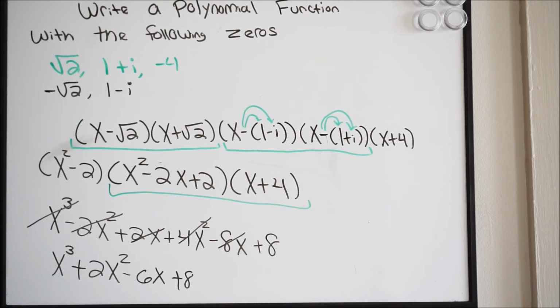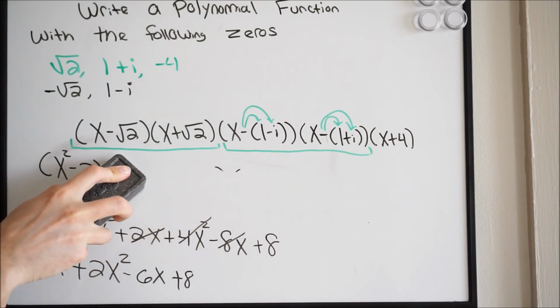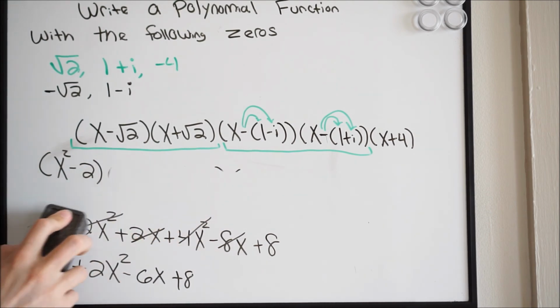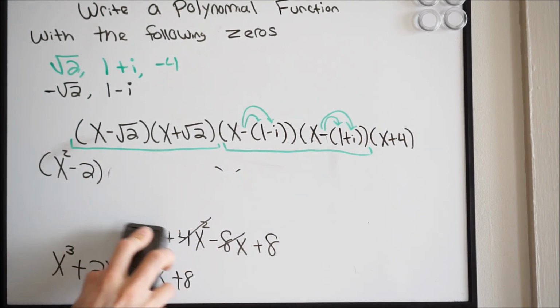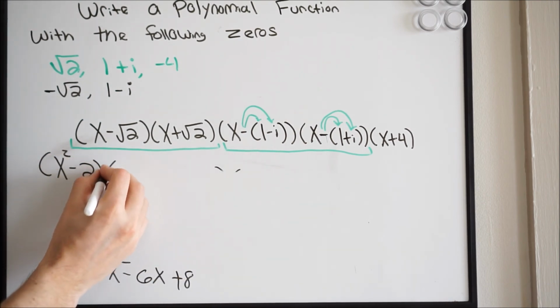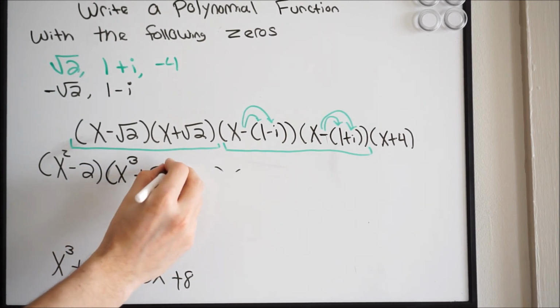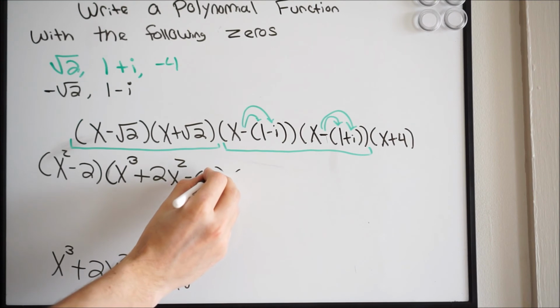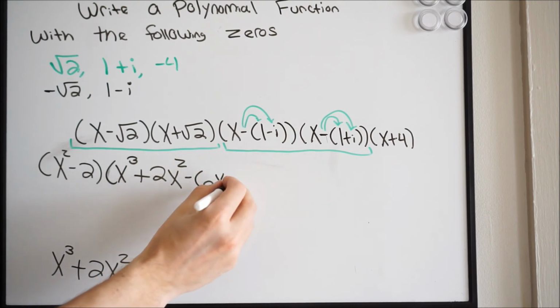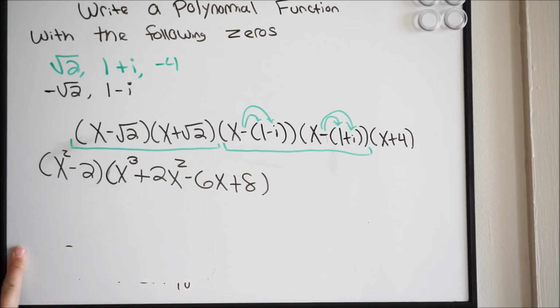Alright, almost done here. So we're going to erase this and write our new expanded polynomial that we got. So now we have x cubed plus 2x squared minus 6x plus 8. Alright, we are almost done here. Same thing, all we have to do now is multiply all these out.